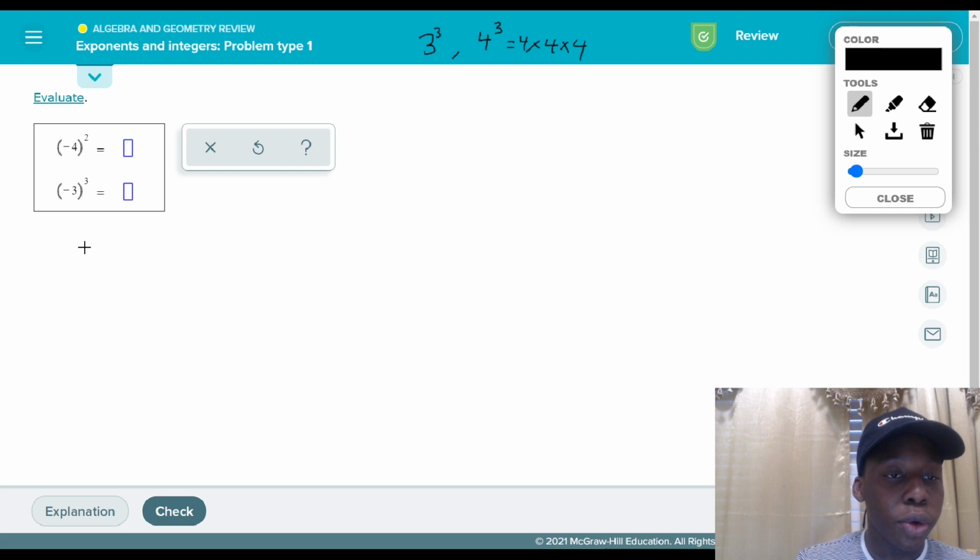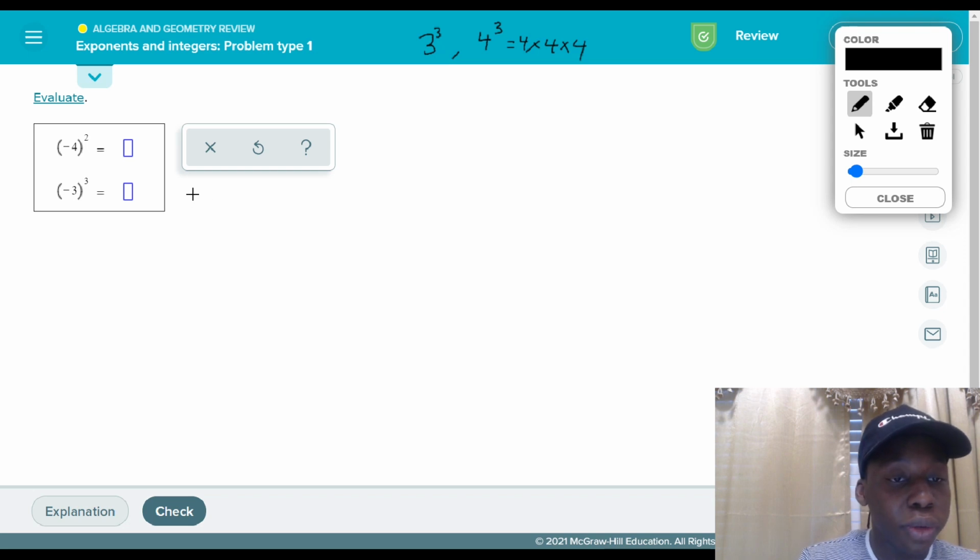We're asked to evaluate minus 4 squared. So let's start with minus 4 squared first. We're going to use the example I used here as a template to solve these questions.